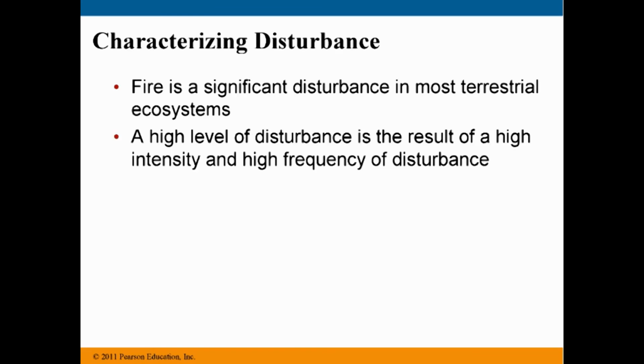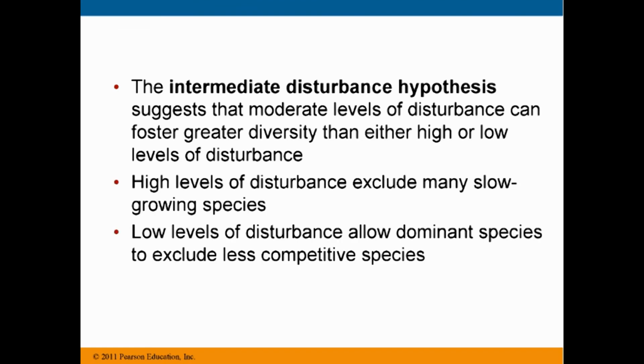Taking fire as a significant disturbance, a high level of disturbance is the result of high intensity and high frequency of disturbance. They ended up coming up with what is called the intermediate disturbance hypothesis: moderate levels of disturbance can give us greater diversity than either high or low levels of disturbance.